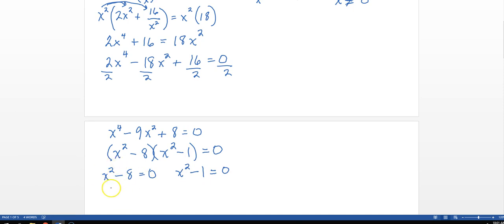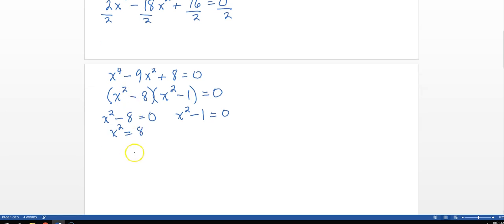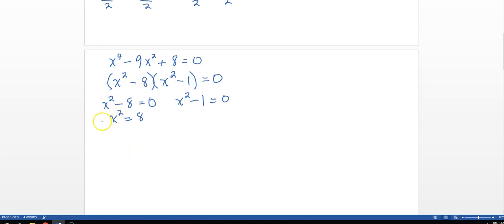For this equation, we see that x squared is equal to 8, and square rooting both sides, I get the absolute value of x is equal to, no, not plus or minus yet, the absolute value of x is equal to 2 root 2. Therefore, x is equal to plus or minus 2 root 2.